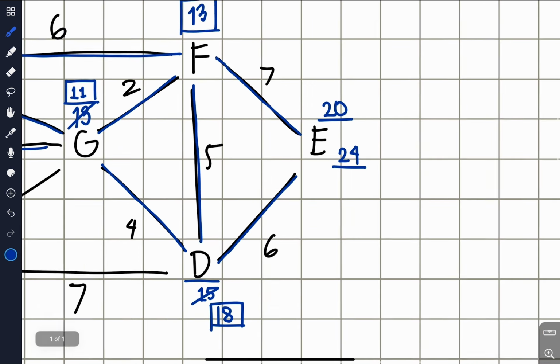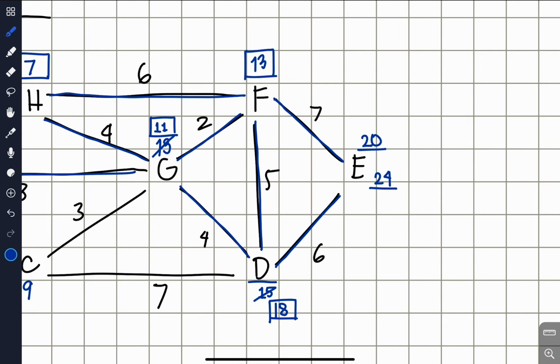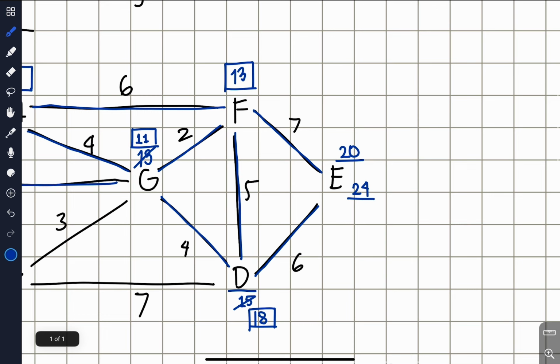So we will consider going from point F rather than from point D. So we will disregard the path we've taken from point F going to point D. We'll initially start at point F. Earlier we computed that from point F to point E we have 13 plus 7, which is 20.